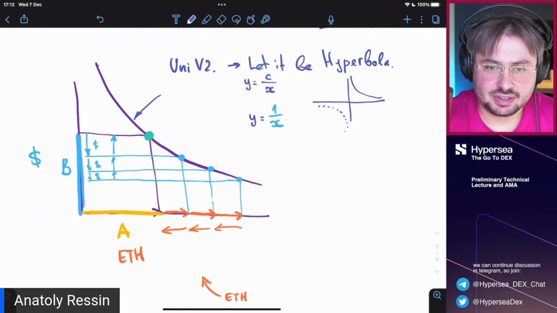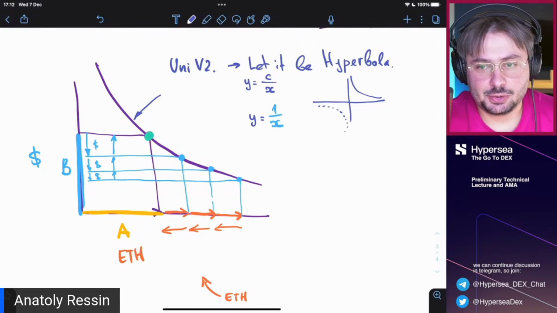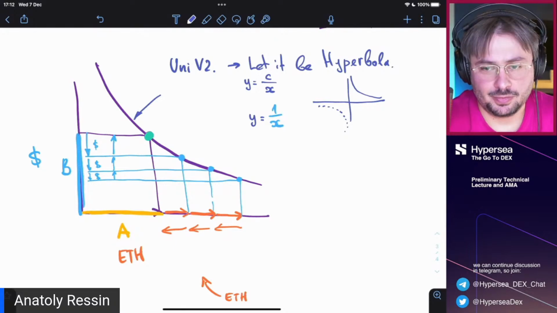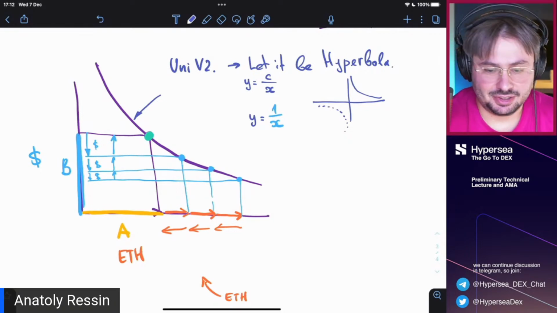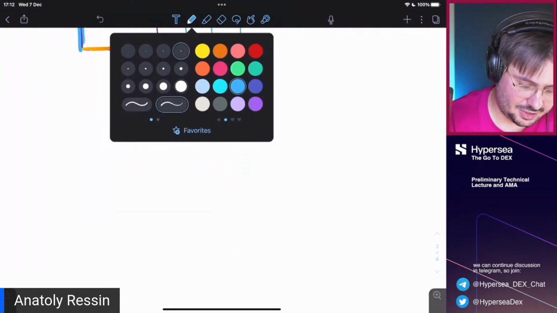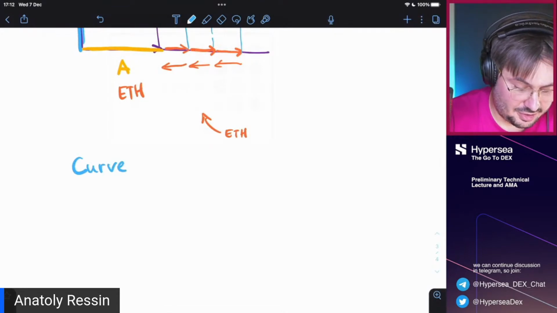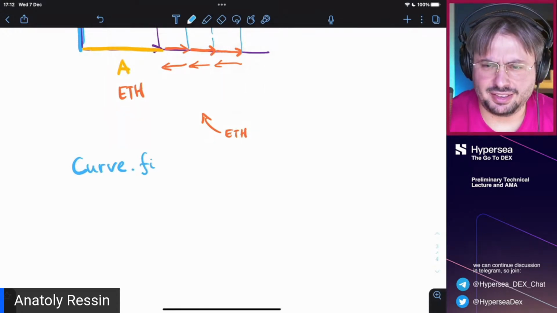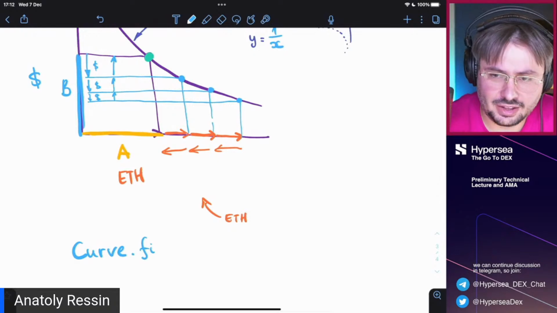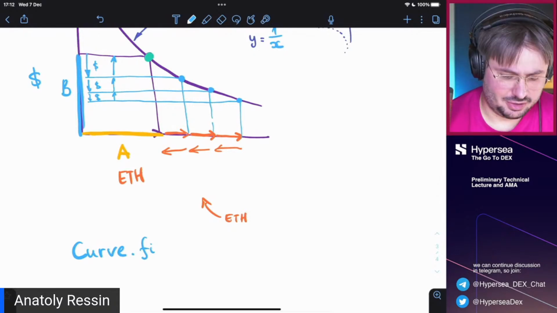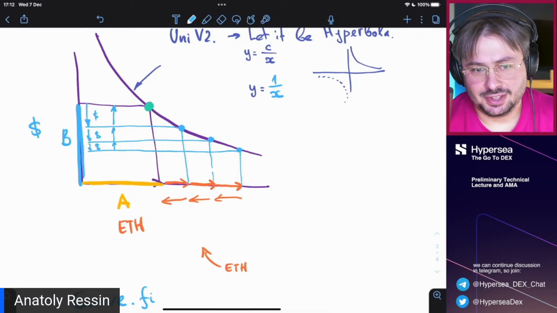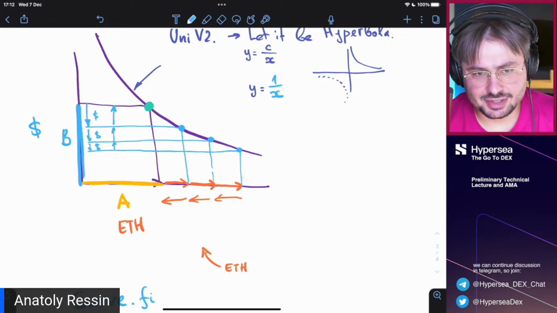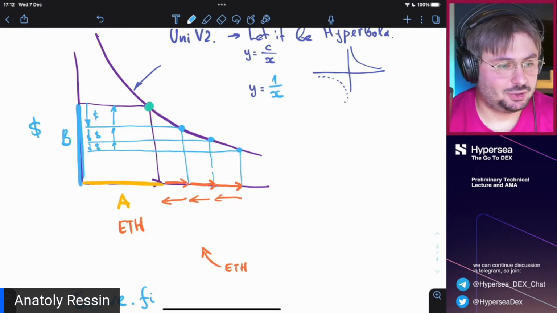And here I will show you the source where those curves are coming from, because a lot of protocols, especially Curve Finance, use them. So Michael Egorov spotted that this curve is not good for stable coins if you want to exchange one stable coin into another stable coin, because it produces too big slippage.